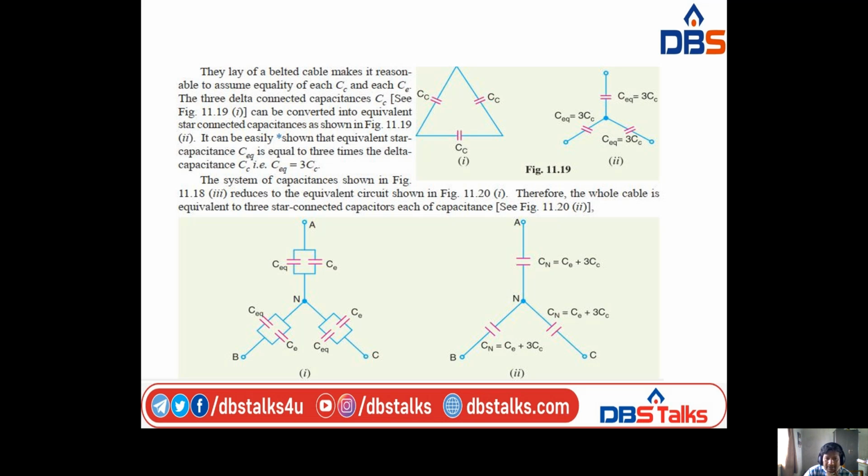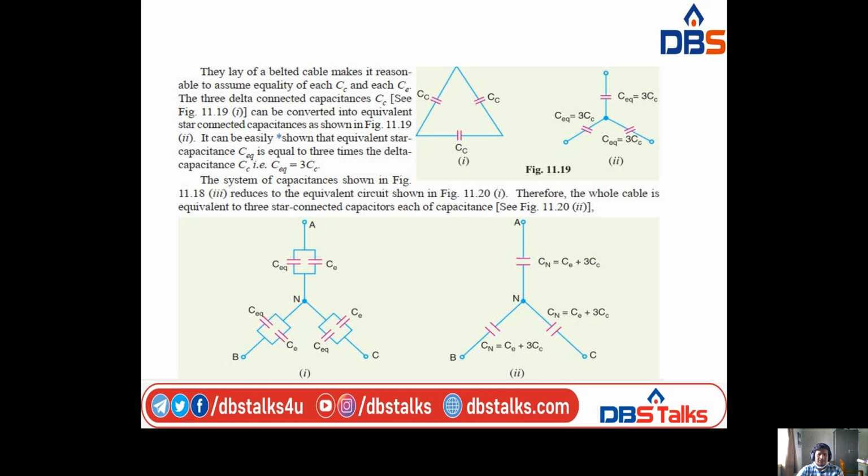Now the lay of a belted cable makes it reasonable to assume equal CC and equal CE. That means the 3 delta-connected capacitances CC are shown in the figure, and the 3 earth capacitances are shown here. Now these 3 delta-connected core-to-core capacitances may be converted into star.